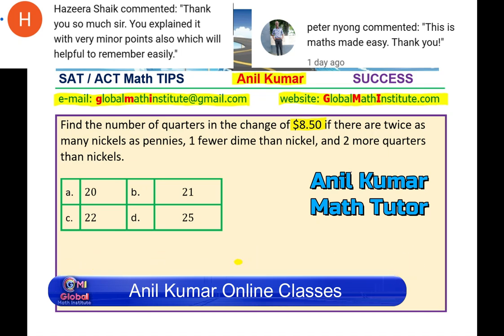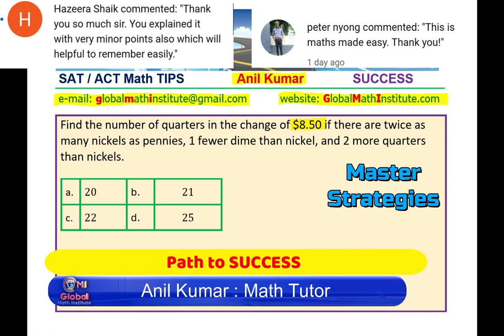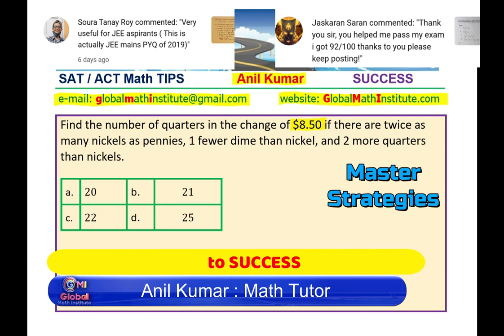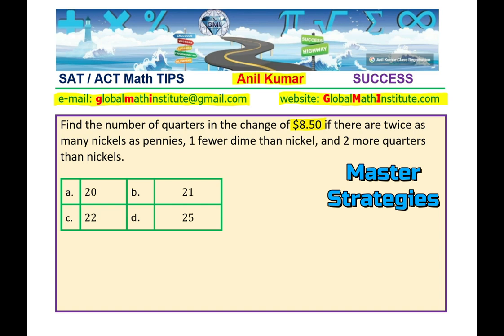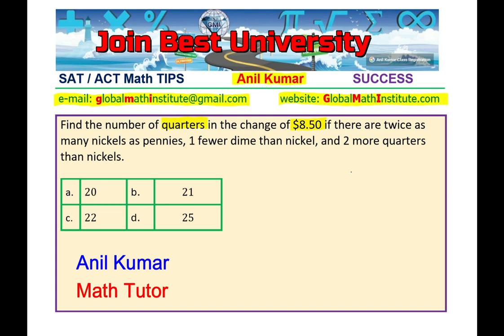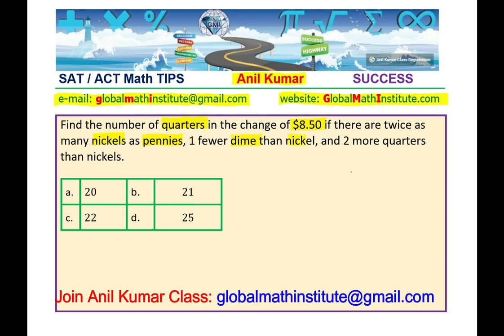Now, let us first understand a strategy to solve these questions, and then we are going to form an equation to solve it. Most important is to define the variables. We need to find the number of quarters in the change of $8.50, if there are twice as many nickels as pennies, one fewer dime than nickel, and two more quarters than nickel.